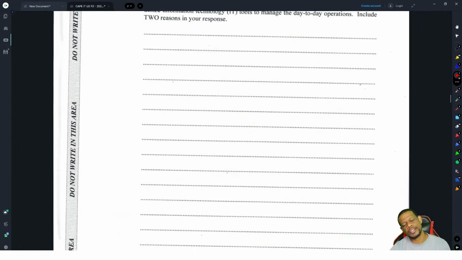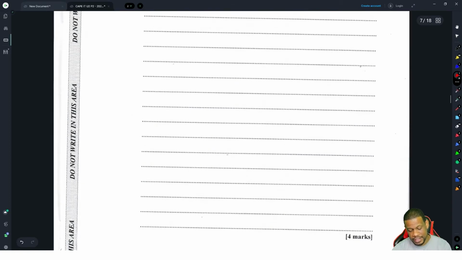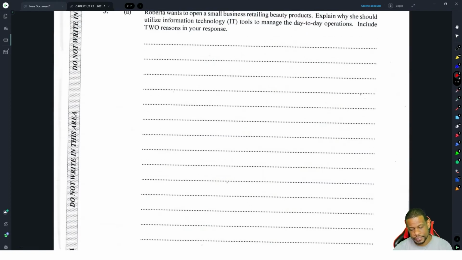It's 4 marks. But then again, I usually complain when they don't give you enough lines, so I'm actually thankful that they gave enough lines. On the other hand, this could set up a student to think that they have to write an essay now. I don't think you need to write an essay for 4 marks.